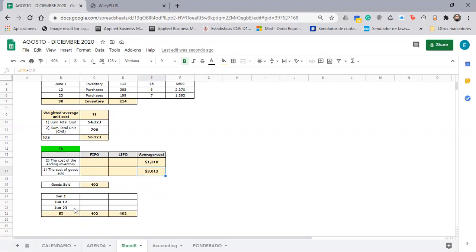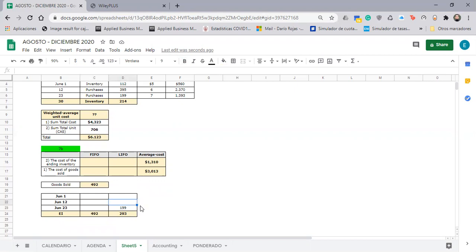We know that the last in were on June 23rd, and that amount is 199. So we will start putting that amount in order to cover all the goods sold. We see that we will need 293 more units in order to cover all the goods sold.